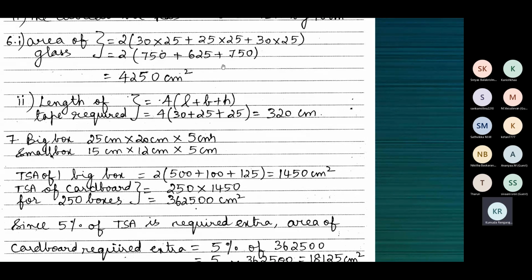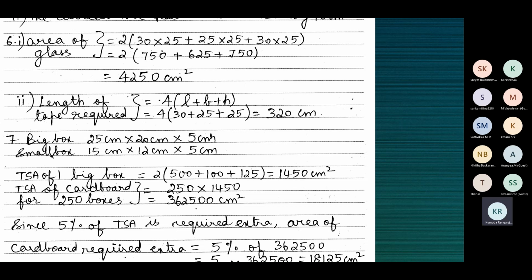Now the next question is, how much tape is needed for all the 12 edges? When we discussed the formulae for different solids, volume, area and all that, I also told you about the number of edges in a cuboid.